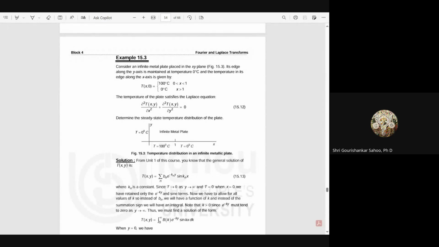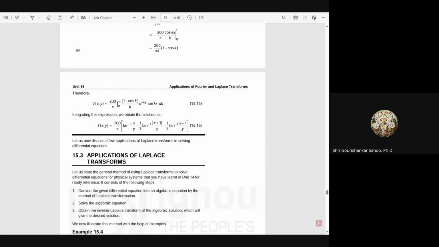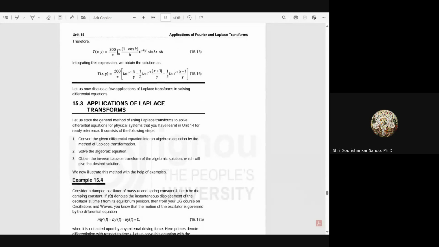So the edge along the y-axis is maintained at temperature 0 degrees, and the temperature along the edge on the x-axis is given by T equal to 100 degrees Celsius when x is between 0 and 1, and 0 degrees Celsius when x is greater than 1. Now the temperature of the plate satisfies the Laplace equation del square T by del x square plus del square T by del y square is equal to 0, and you can solve it by using the transform.